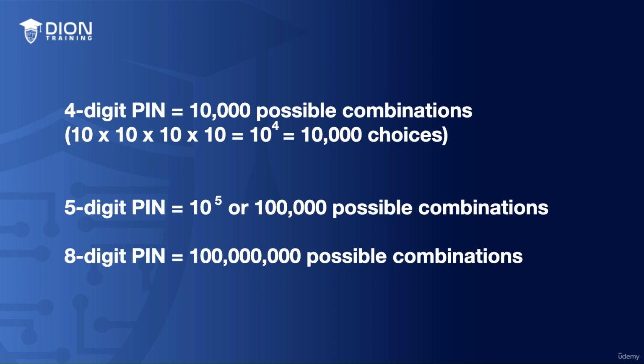So if we opt for the maximum PIN size of 8 digits, this gives us 100 million choices. Now you can see though, even though we've only doubled our length from 4 to 8 digits, we actually increase our possible PIN choices from 10,000 choices to 100 million choices, which is 10,000 times more options by simply adding 4 more digits to our password length. This is why we say increasing length is increasing your security.